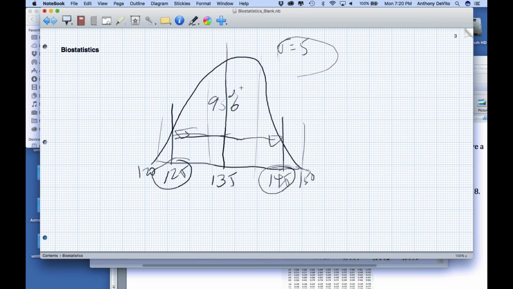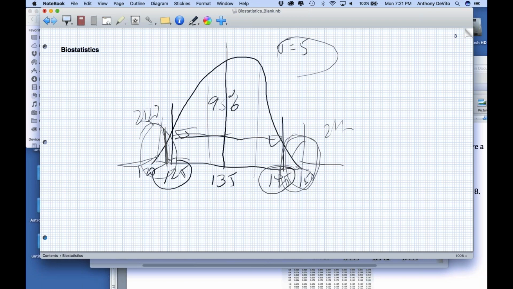Well, how about 123? Remember, this is 2.5% here, and this is 2.5% here. This is asymptotic, it really doesn't end, so I can't ever say that somebody's different if I insist there's 0 chance of them being part of this population.